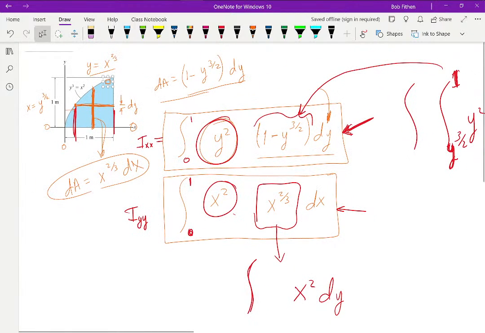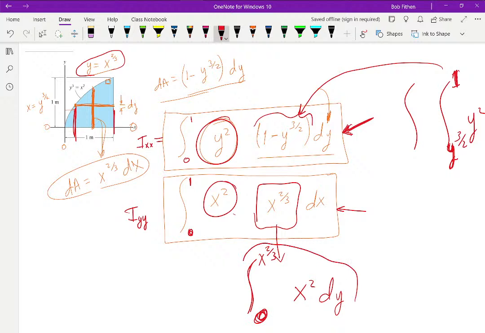The top is from that equation. So the y would have gone from the bottom to the top, x to the 2/3. And in fact, this integral, after you perform it and put in the upper and lower limits, ends up with that.